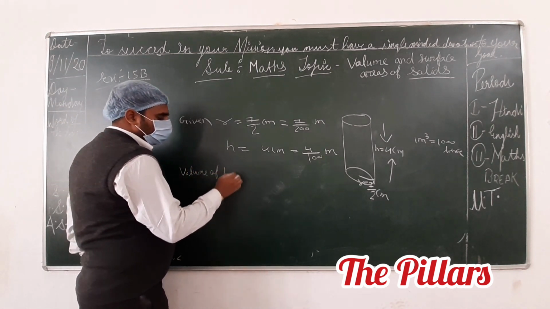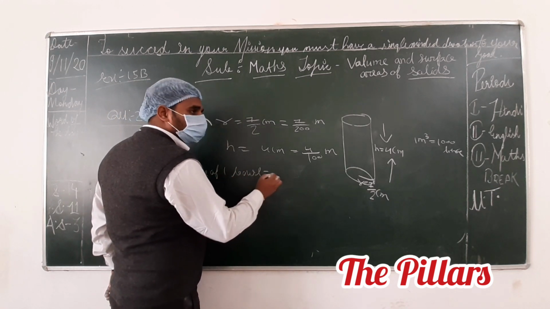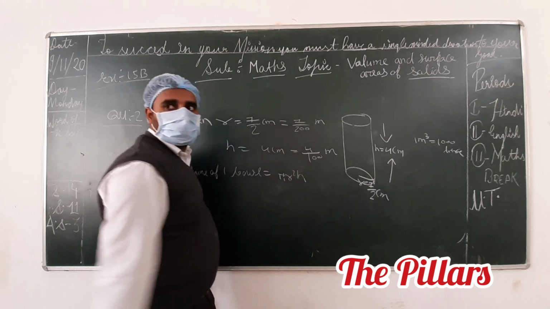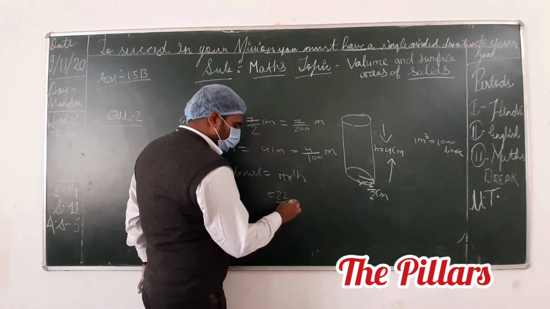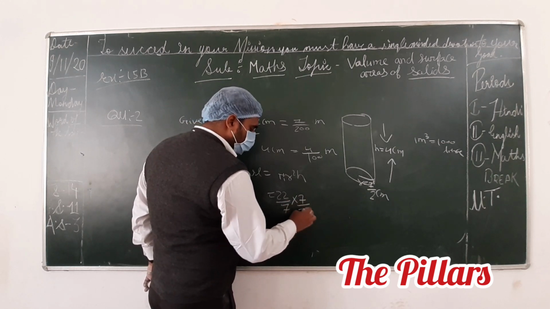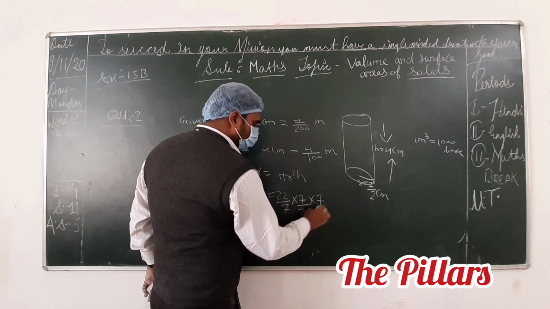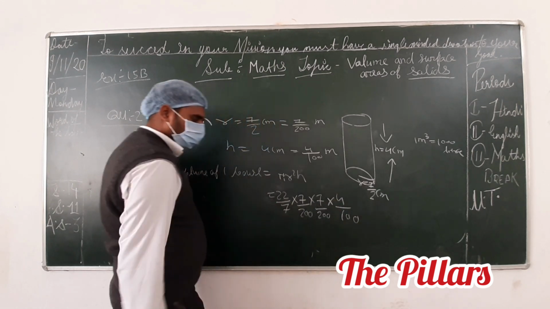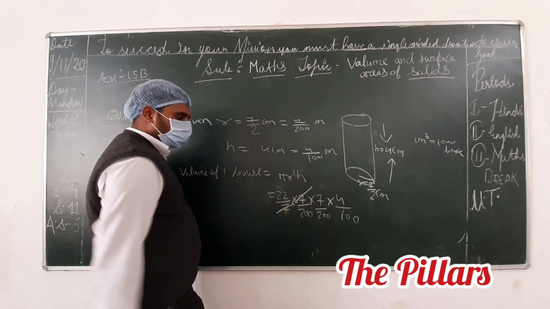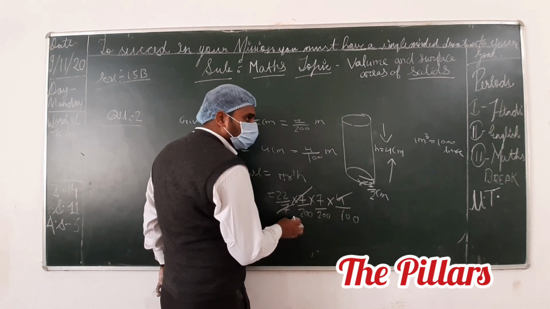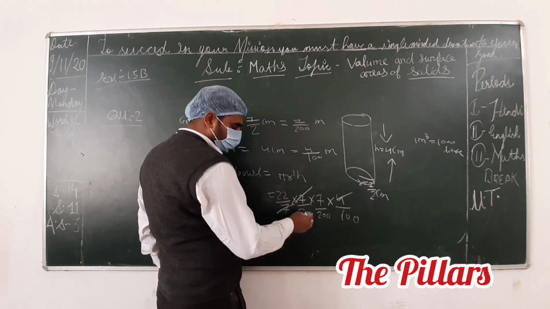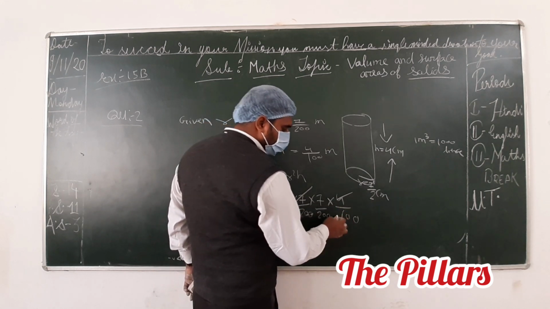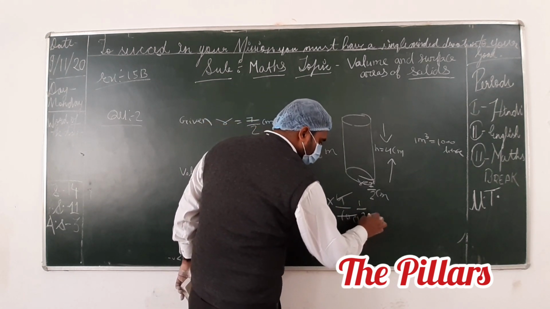Volume of one bowl equals what? This is the cylindrical shape. Pi r square h, 22 by 7 into 7 by 200 into 7 by 200 into the value of h, 4 by 100. 7 and 7 cancel out. 4 divided by 100 is 1 upon 25.